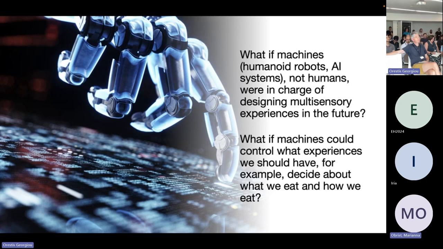But what if machines, not just humans, were in charge of designing multisensory experiences, or in the context of this workshop, haptic experiences in the future? What if machines could control what experiences we should have? For example, decide what we eat and how we eat.